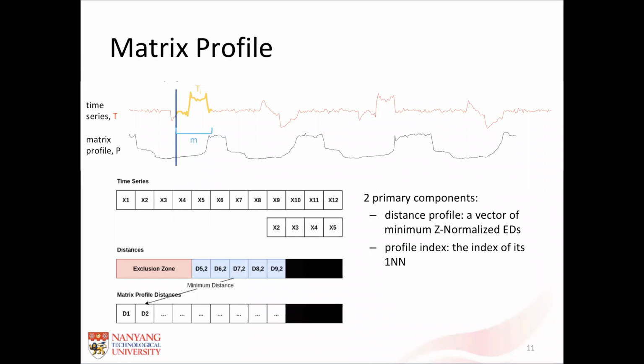Then I use x2 to x5 to scan x7 to x10, and I get the Euclidean distance D72. I repeat the same thing to scan x8 to x11, and I get distance D82. Last, I compare x2 to x5 with x9 to x12, and I get the Euclidean distance D92.